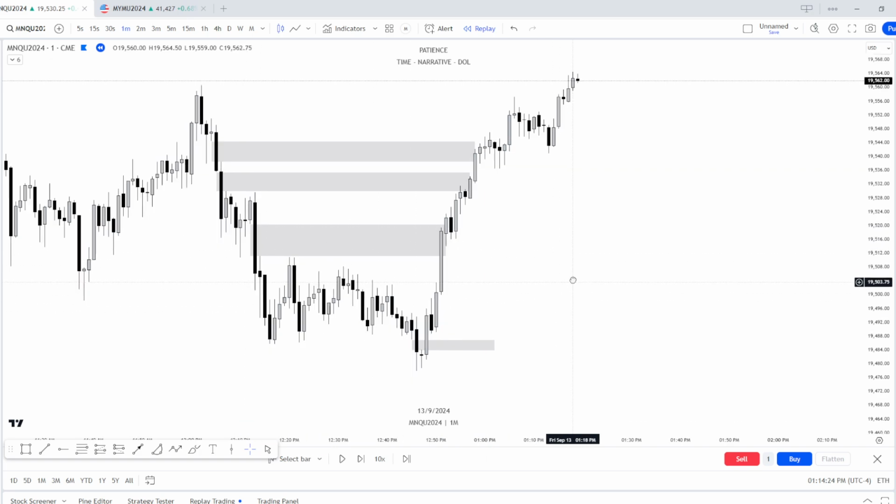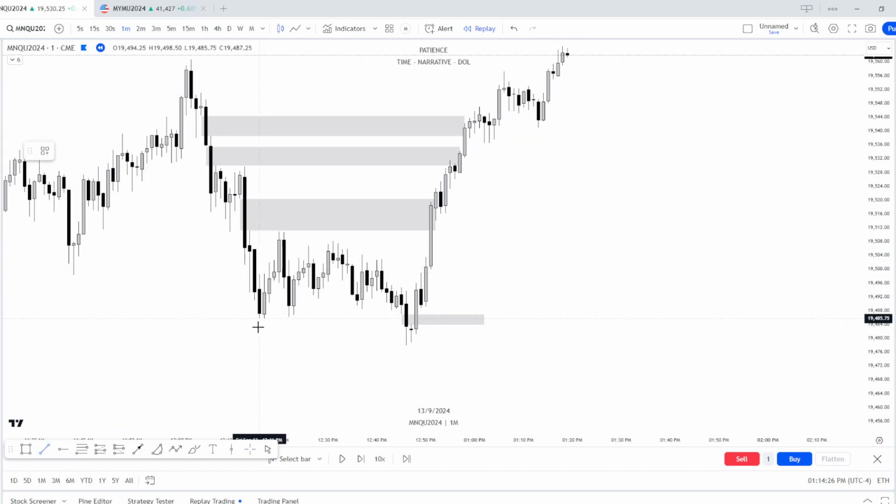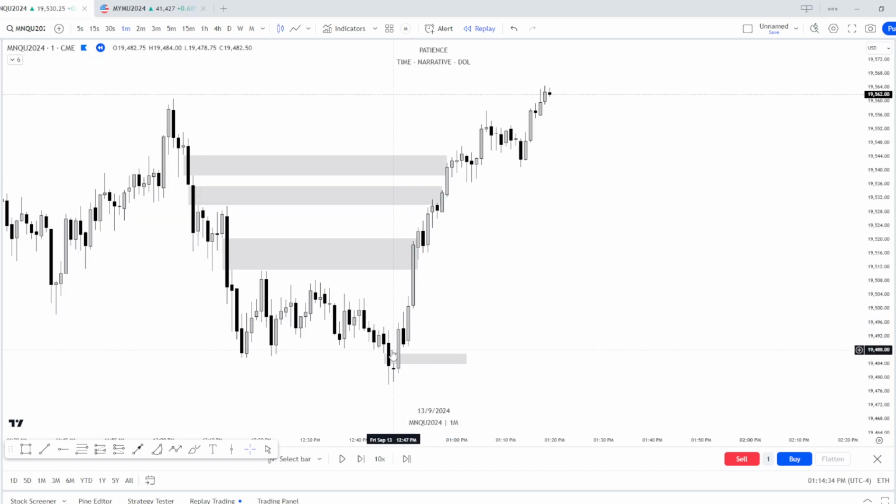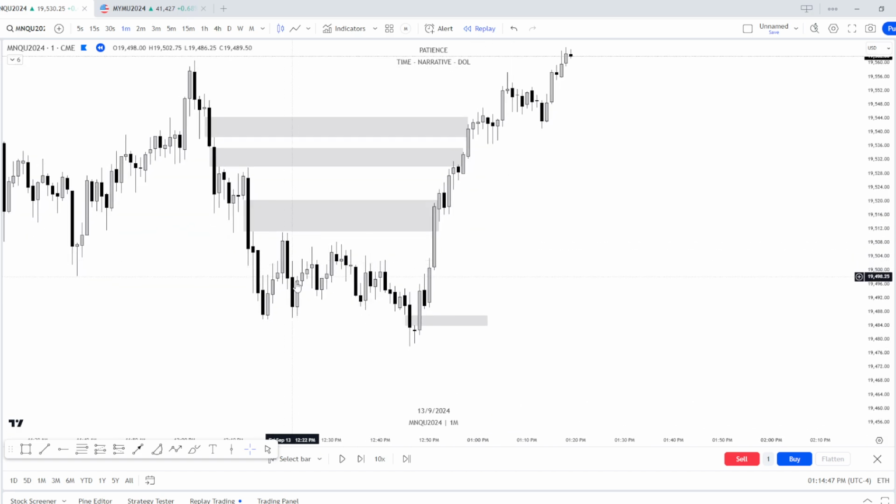But if you use other confluences, like if we swept liquidity right here, and then we come and invalidate this bearish fair value gap, then maybe this could be an opportunity for you to take price to the upside. It's just all about using the other confluences and the other narratives that you have to support this trade idea or support these concepts being used within a trade.